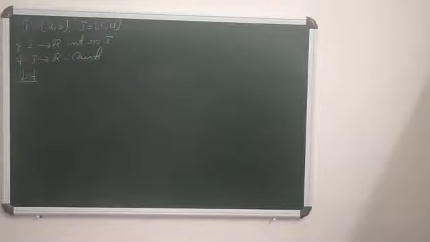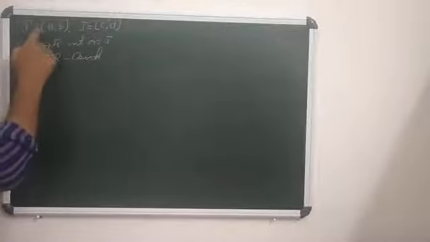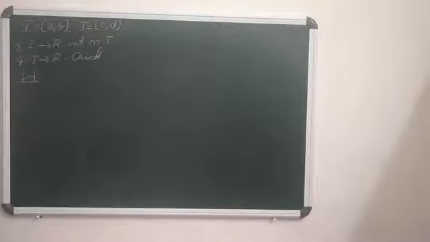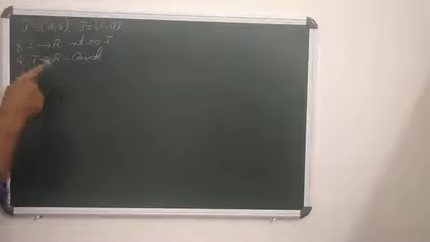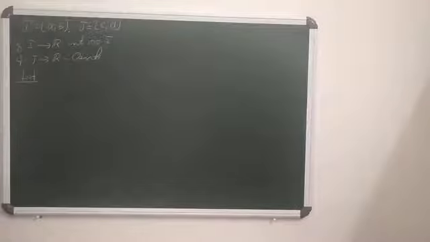Here we discuss the composition of a continuous and an integrable function, whether it is integrable or not. That's our aim. Here I is closed interval [a, b], J is closed [c, d], and f from I to R is an integrable function on I, as well as phi from J to R is a continuous function on J. Then what about the Riemann integrability of phi composition f?